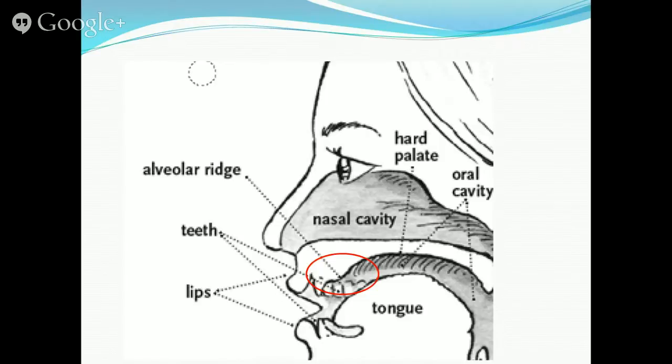That bump is very important in Hindi. It's called a ridge. I'm not going to try to pronounce the technical name because I'm sure I'm going to pronounce it wrong.